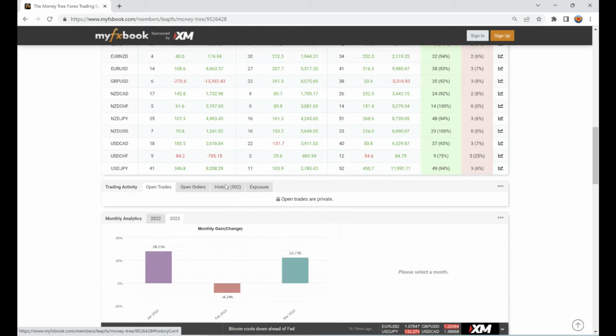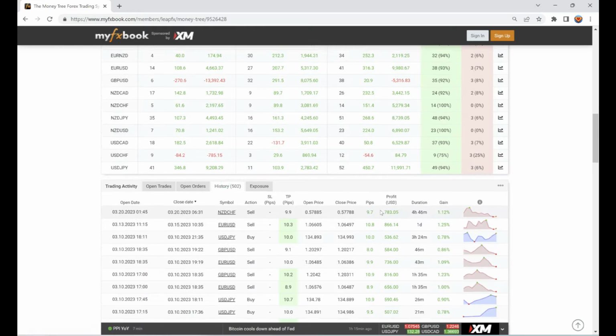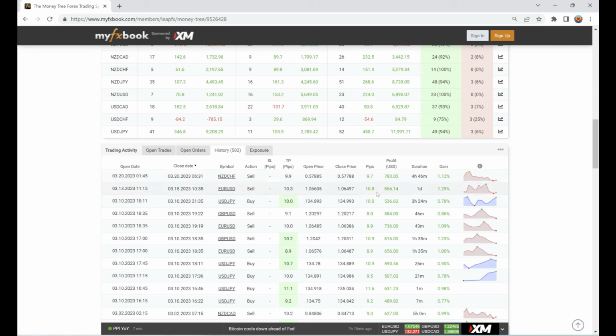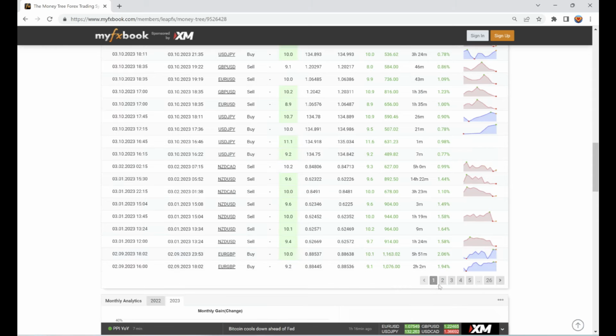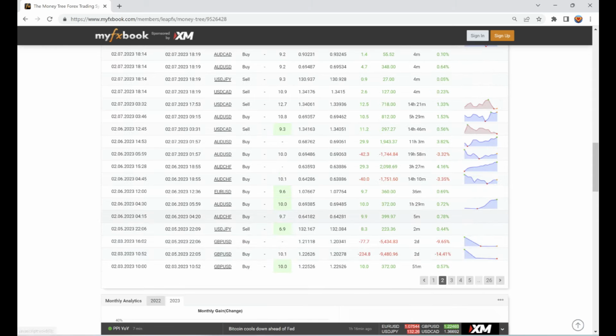What I've also noticed is if you look at the history, it's taken an average of 10 pips as a profit. And in terms of recovery, when you've got a trade that isn't going so well, you lose 40 pips, and then it does open another trade.